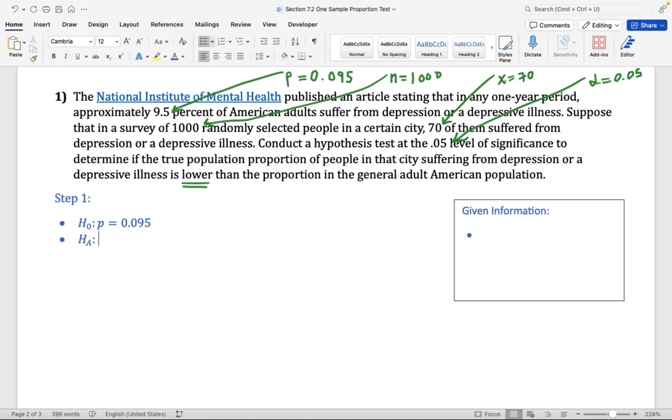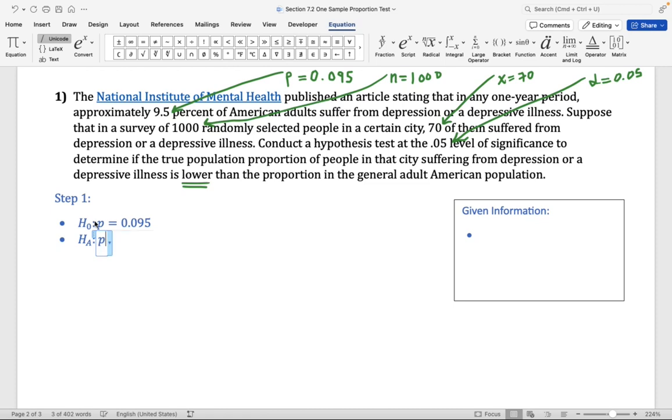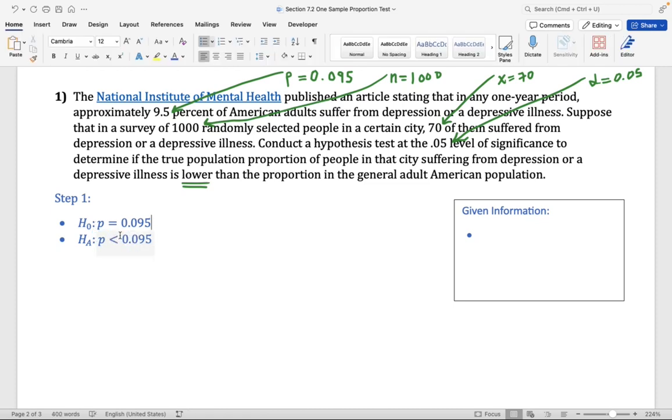Now, the alternative hypothesis would be that P is less than that value. We know that we're doing a left tail test because it says carry out this hypothesis test to determine if the true population proportion of people in the city who suffer from depression or a depressive illness is lower than the proportion that was found from looking at all American adults.